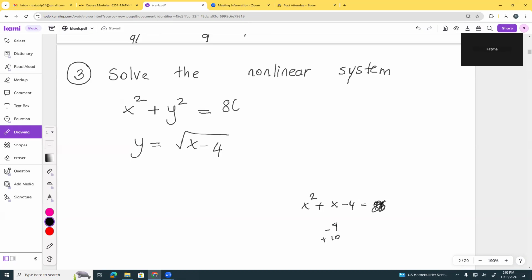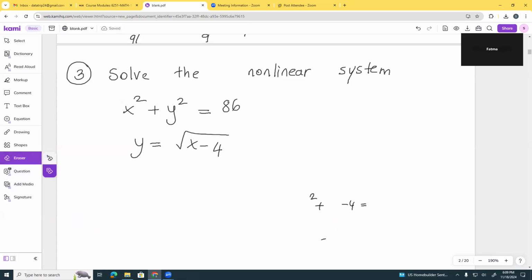I believe I calculated the number correctly. I hope it's gonna work. So I just wanted to make it super close to what you're gonna see on the test.